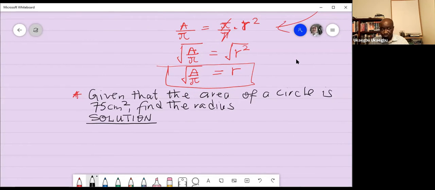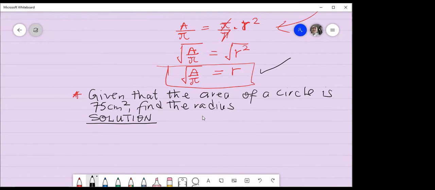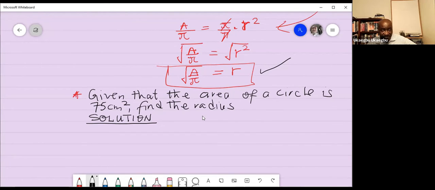Now, I'm leaving it up to you. I'm going to give you 20 seconds to use the formula we just created right now and give me the value of the radius. Everybody, you can type your response on the chat section. Make it private.